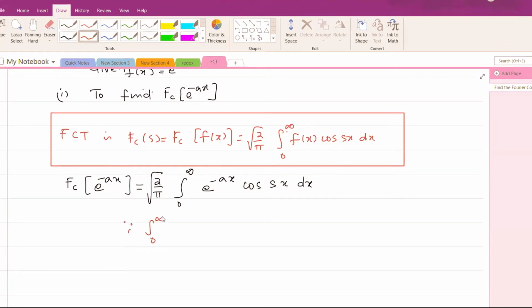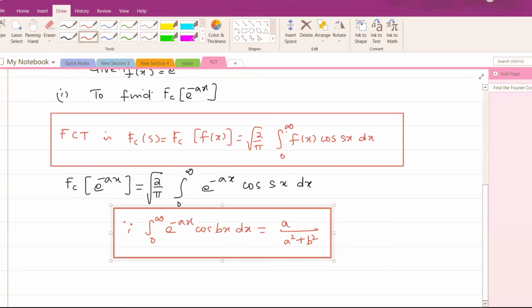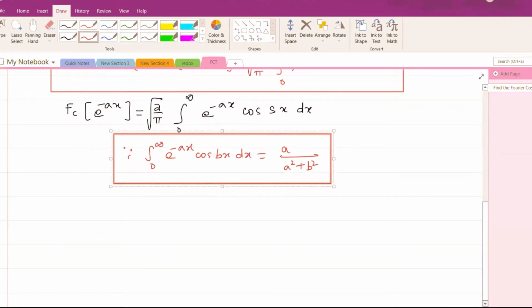That is integral 0 to infinity e to the power minus ax cos bx dx, which is equal to a by a square plus b square. This formula directly we can apply in the right hand side. Here a is equal to a and b is equal to s.